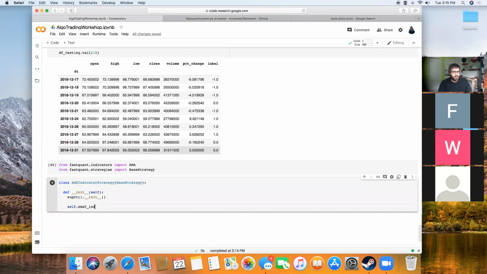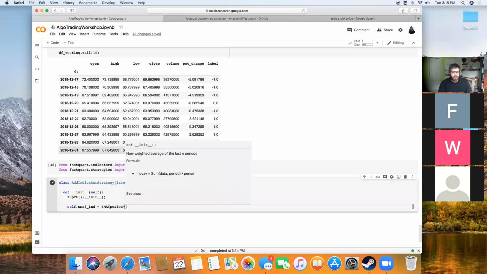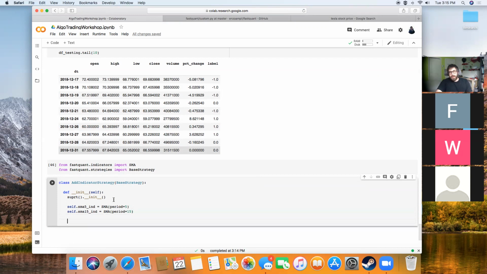So SMA5, that's what I'm calling it, equals SMA, and the period will be 5, and SMA15 indicator, with an SMA period of 15. And that's all I'm going to define in this class. I don't care about the buy and sell at this point, because I'm not using it as an actual strategy. I'm just using it as a way to calculate these indicators easily.